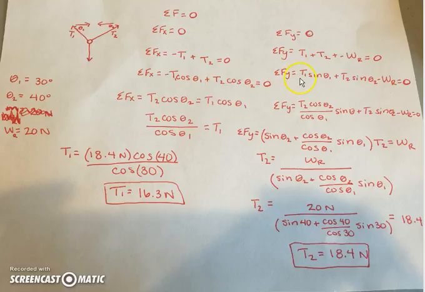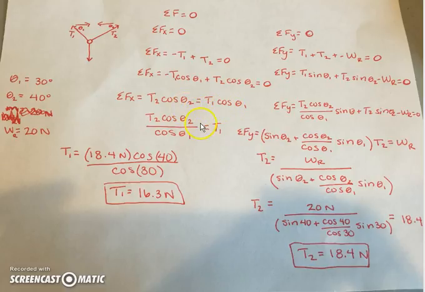And over here for the y component of the tension, which is sine, we have sine of angle 1 with string 1, and string 2 with the sine of the second angle, minus the weight of the rock, equal to 0.